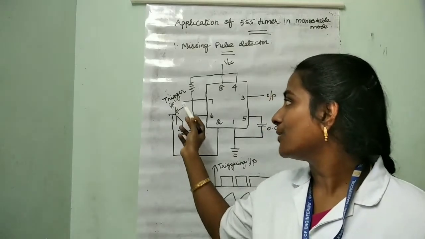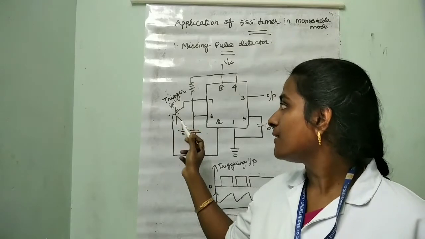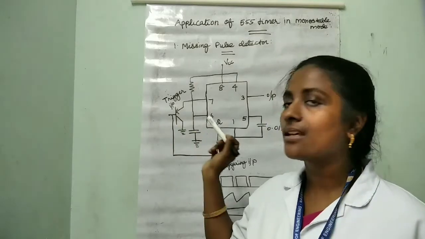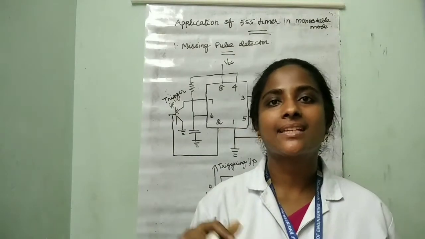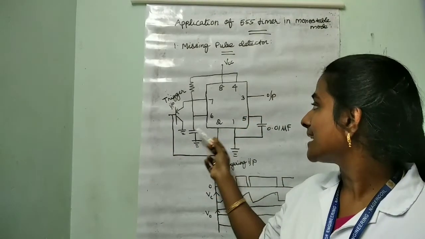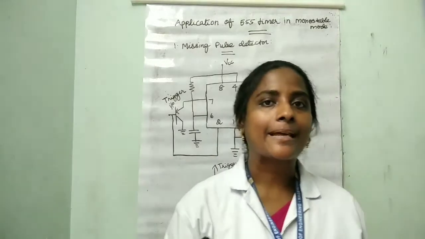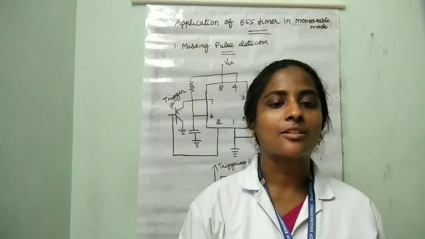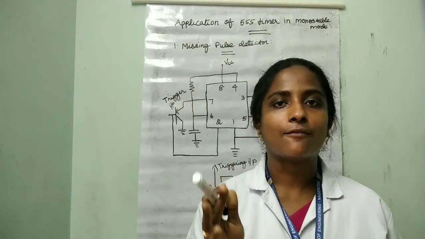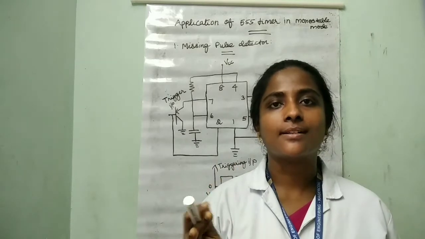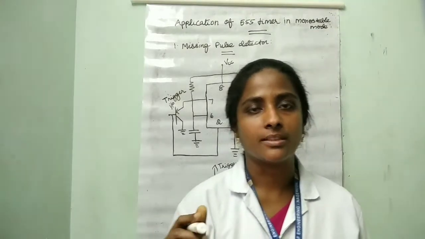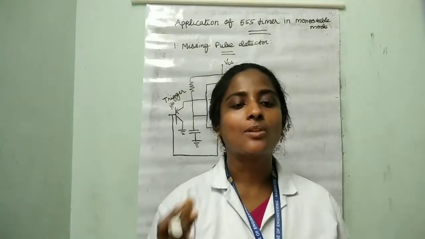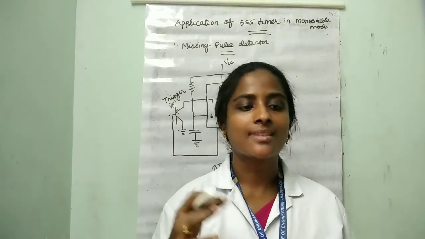So the capacitor gets clamped to a few volts, approximately 0.7 volt. Now the output of the timer goes high.